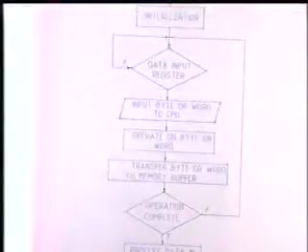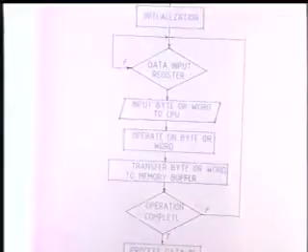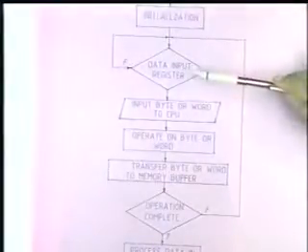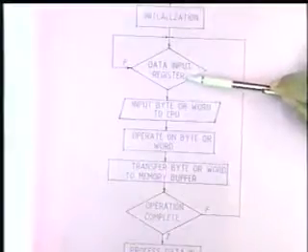The first thing required is, since the peripherals are slower than the CPU, there must be a handshaking signal between the CPU and the input-output device. That means one has to check whether the data input register is ready or not.